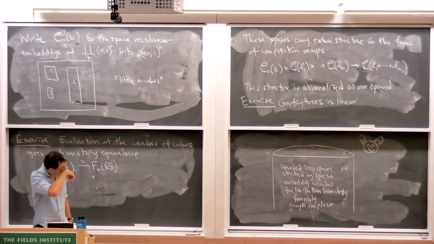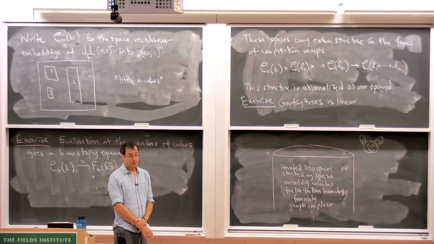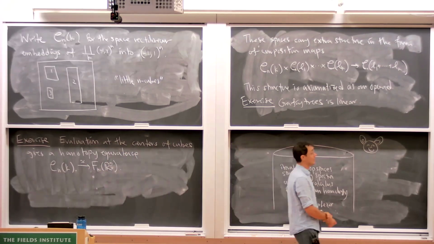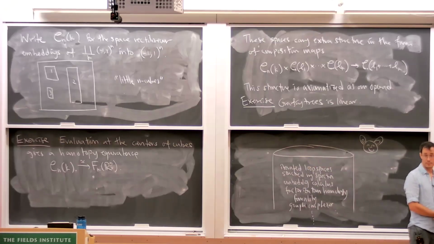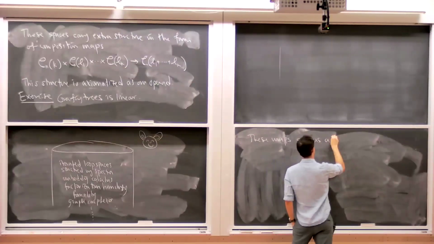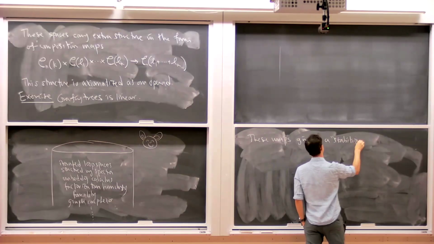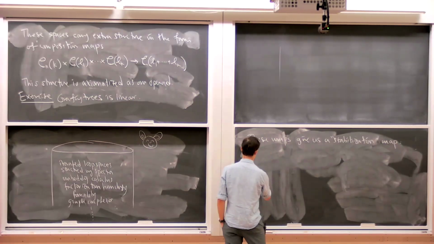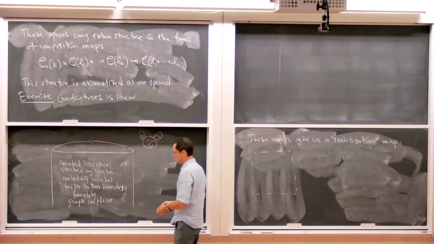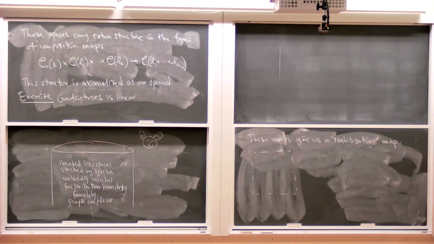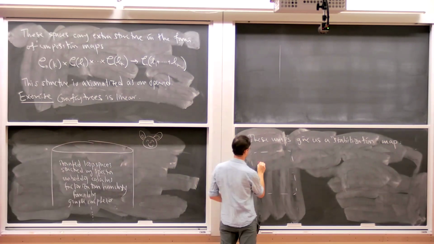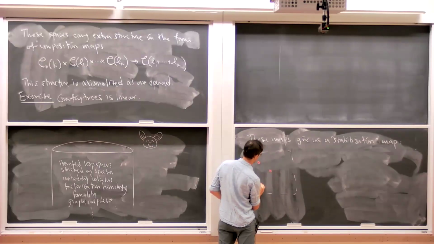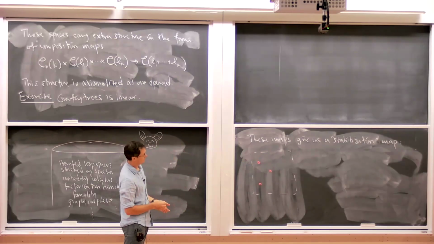Another relevance of these maps is that they give us an example of what is commonly called a stabilization map. I'm going to talk about unordered configurations. I can take my configuration of 3 particles.